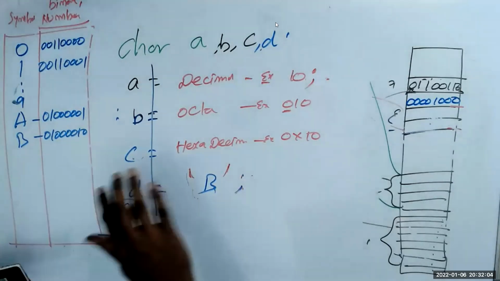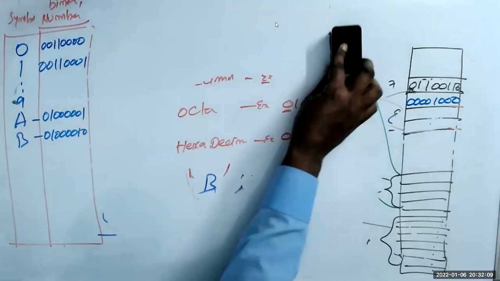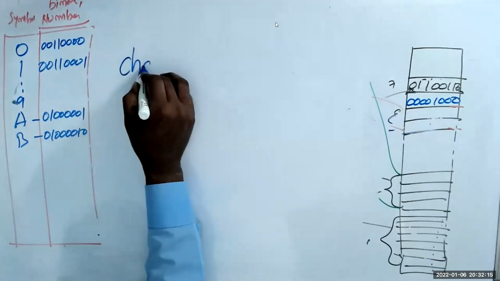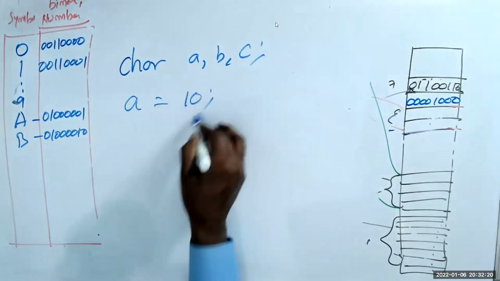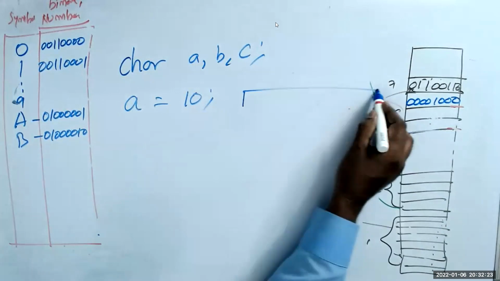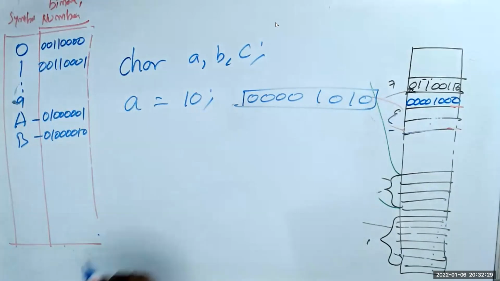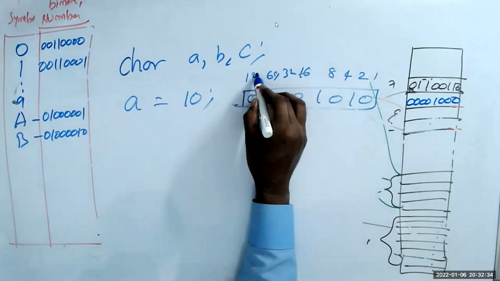Then you will have a little bit of clarity about our understanding. About this assignment, all the additions are taking place only with the memory, which is binary, not with you. So if I write a program, char A, B, C, A equal to 10, what is stored in memory is 0, 0, 0, 0, 1, 0, 1, 0, because it's 1, 2, 4, 8, 16, 32, 64, 128. 8 plus 2 is 10.